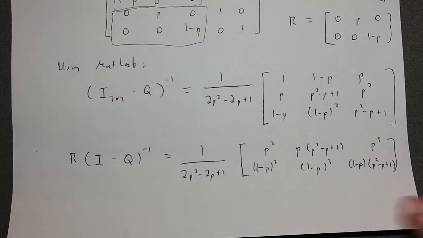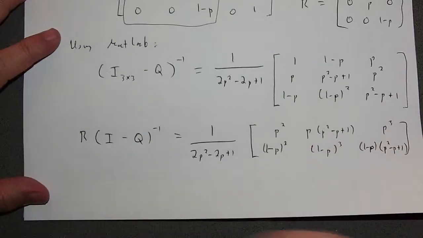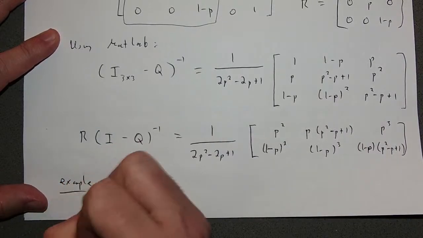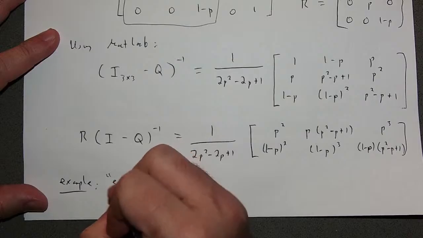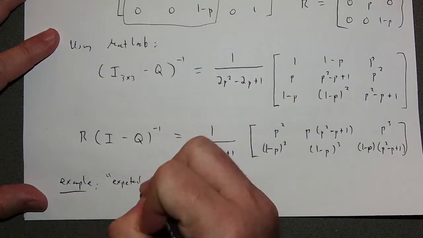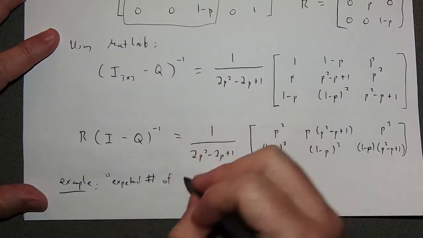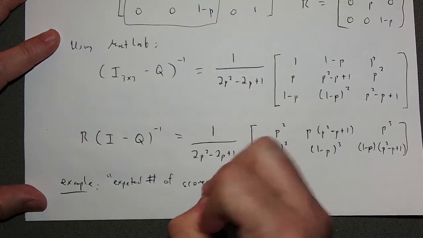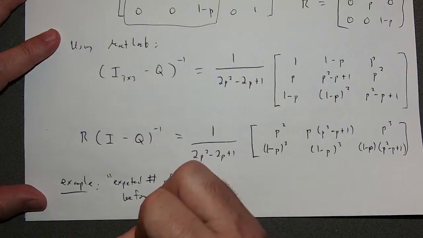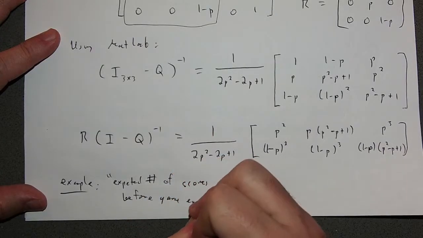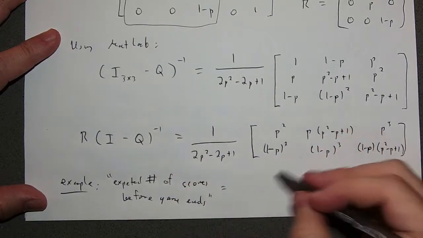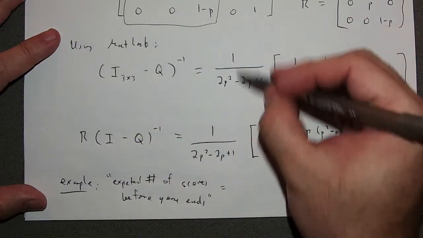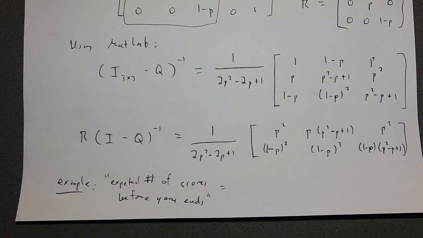This would be the first column sum of this thing, scaled by the factor out front.